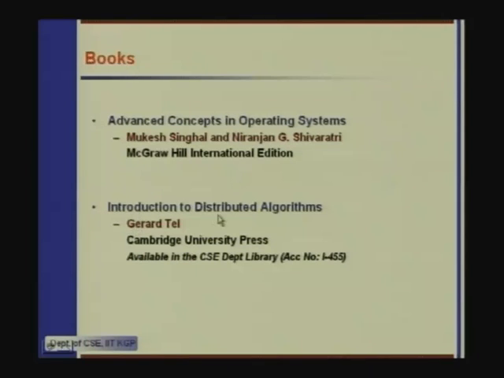Then there is an introduction to distributed algorithms by Gerard Tel, for which also there is a low cost edition available for India and South Asian countries. So, these are the two books that we are mainly going to follow. Copies of all the slides that I am going to use are there in my web page, so you can always download them and keep them available with you whenever you want.